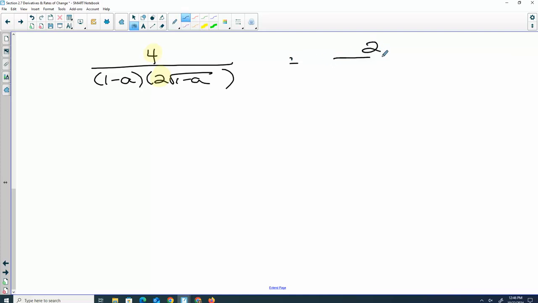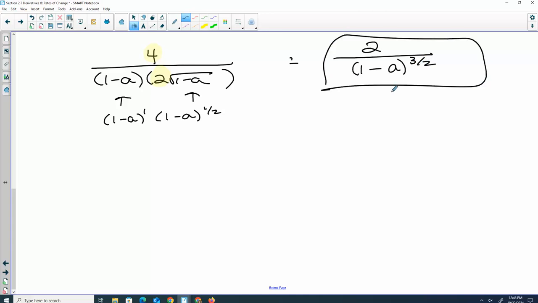There are different ways we could write it. A square root is like 1 minus a to the 1/2 power. If you're multiplying those, what do you do with your exponents? So 1 plus 1/2 is 3/2. So I'm going to leave it as 2 over 1 minus a to the 3/2 power.